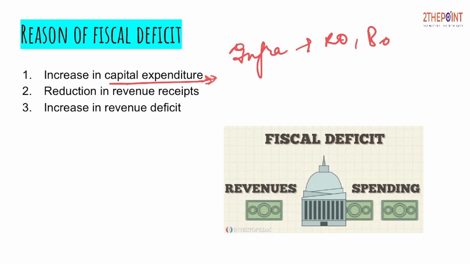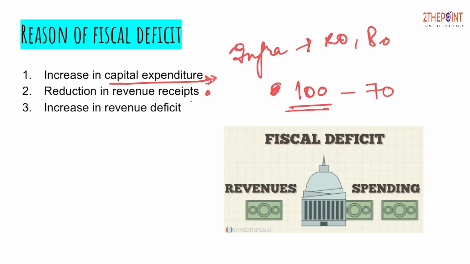Second, there is a reduction in revenue receipts. Let's suppose the revenue receipts which you were receiving last year have drastically reduced. So how will the government cover the expenditure it is doing? If there is a reduction in revenue receipts, then it leads to fiscal deficit, even if your expenditure remains constant. Let's suppose we took 100 as an example in the previous slide, that 100 is what the government is spending in a year, and your receipts are 70.